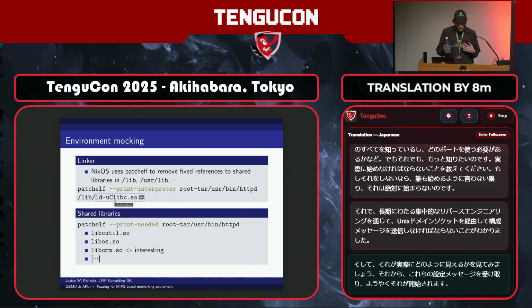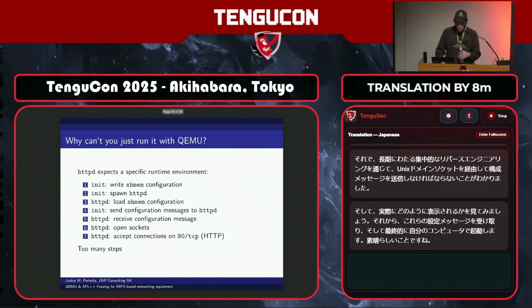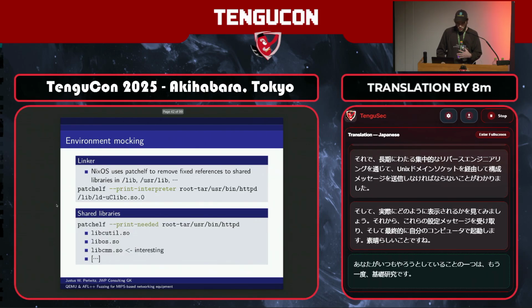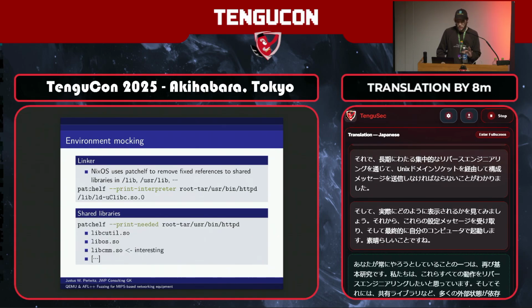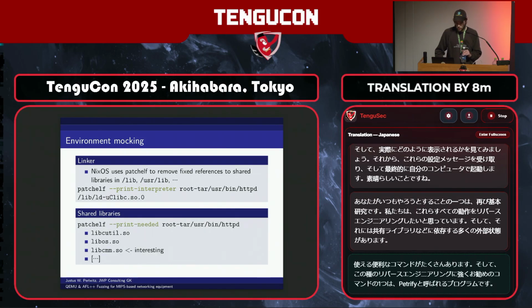One of the things that you always try to do, again, basic research, we want to reverse engineer all of this behavior, and there's a lot of external state that it relies on, shared libraries and so on. There are so many useful commands, and one that I highly recommend for this kind of reverse engineering is a program called patchelf, which just prints out the shared libraries that a program relies on. Why do I recommend patchelf over anything else?